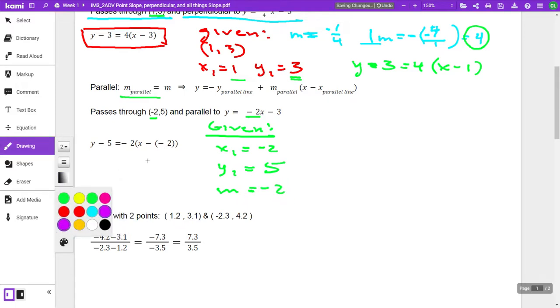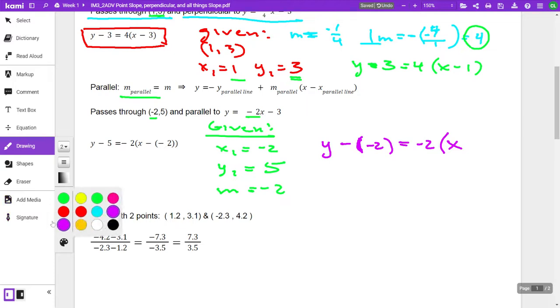So let's pull my equation together. y minus my y1, which is negative 2. I always put parentheses around here so that way I don't forget to multiply the negatives. Equals my slope, which is negative 2, times my x, and I messed this up right here.